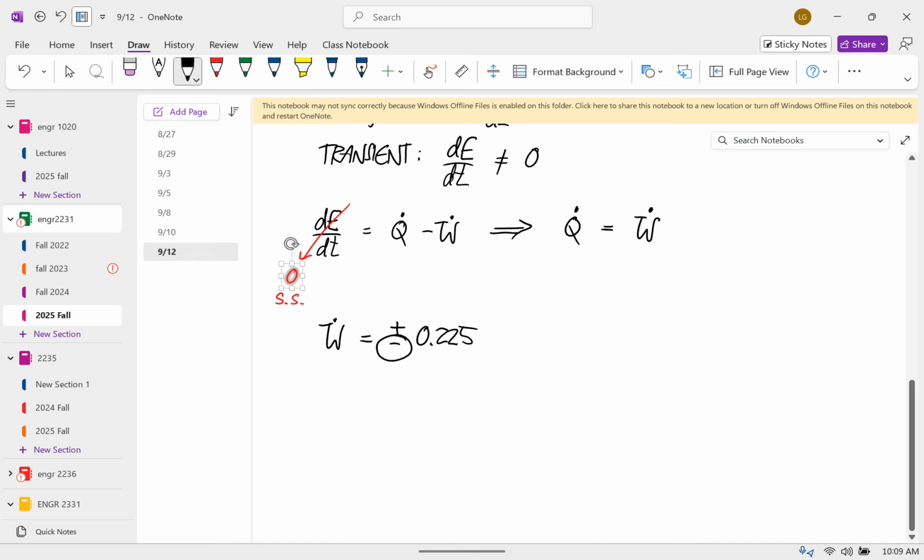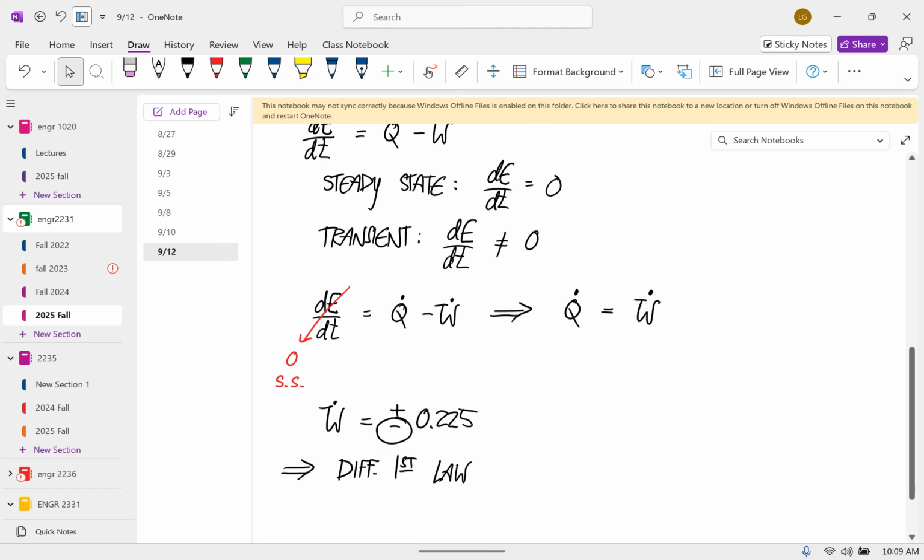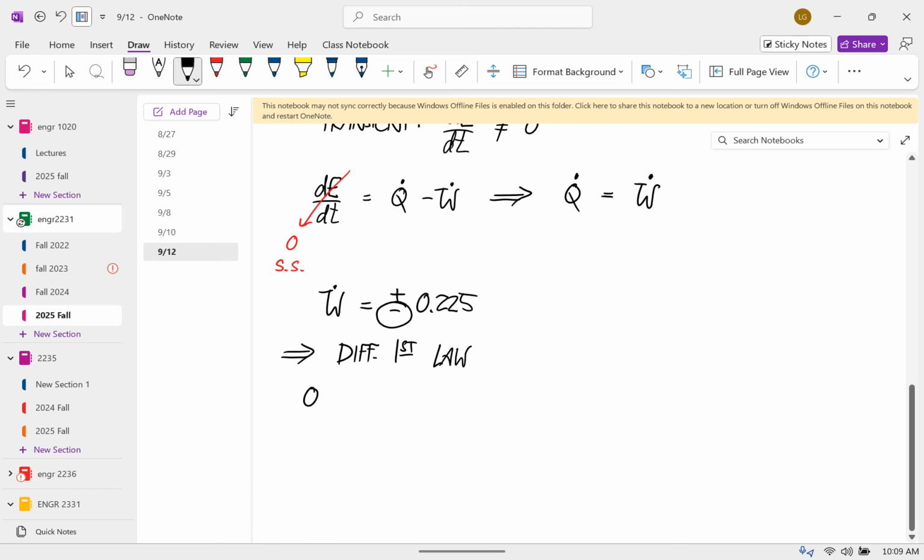And so we have that the differential first law says Q dot is equal to W dot. Q dot is equal to negative 0.225. And now we can think about that heat transfer.